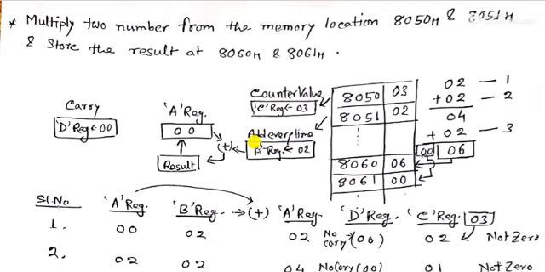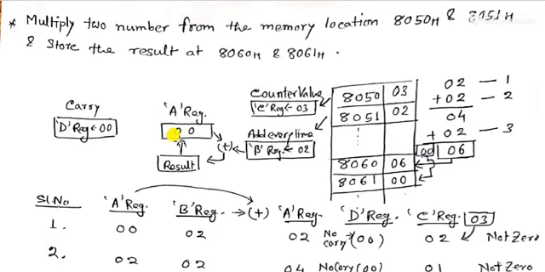Because we all know that in 8085 addition is performed through the accumulator. So we have to load a value in the accumulator and add it with the B register.